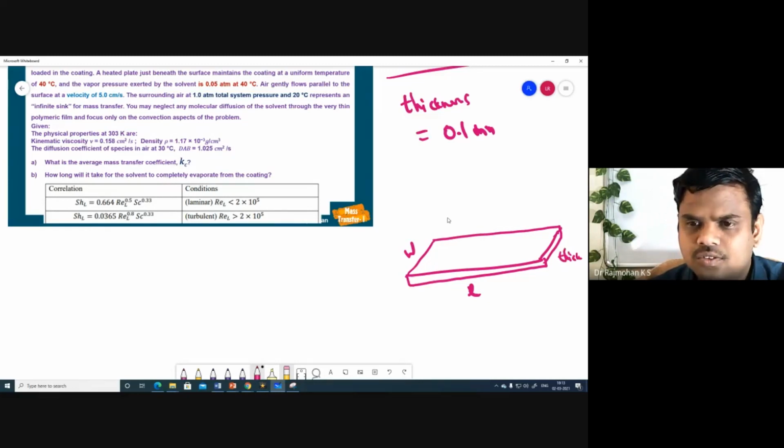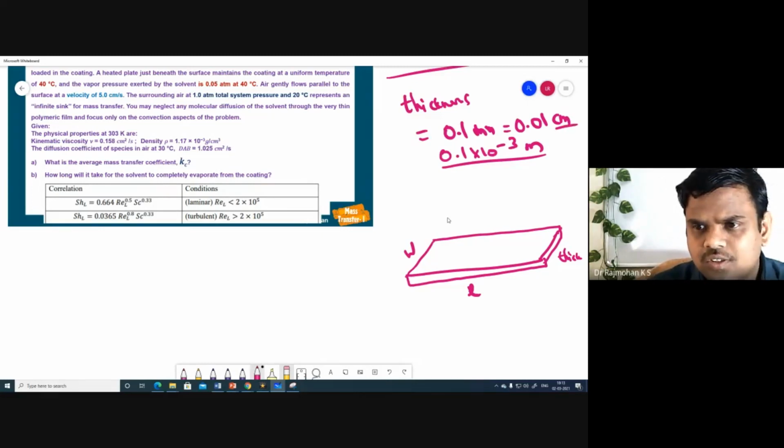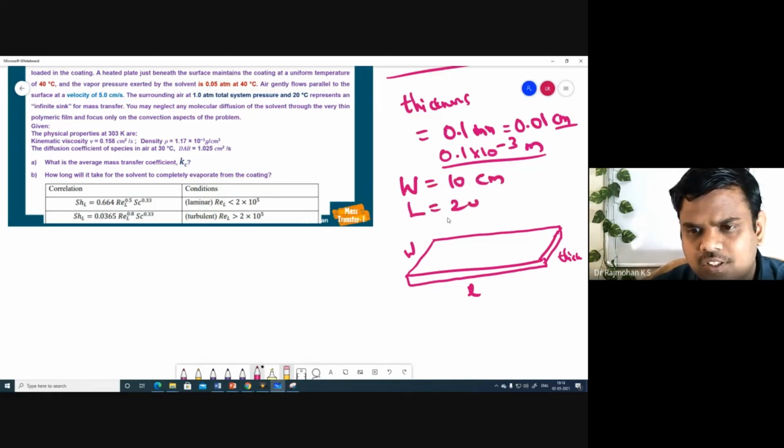The thickness of the coating is 0.1 mm, that is 0.1 into 10 power minus 3 meters, or 0.01 centimeters. Here all the data are given in centimeters, so we'll prefer to write in centimeters, but finally we have to substitute in meters somewhere. The width is given as 10 centimeters and the length is given as 20 centimeters.